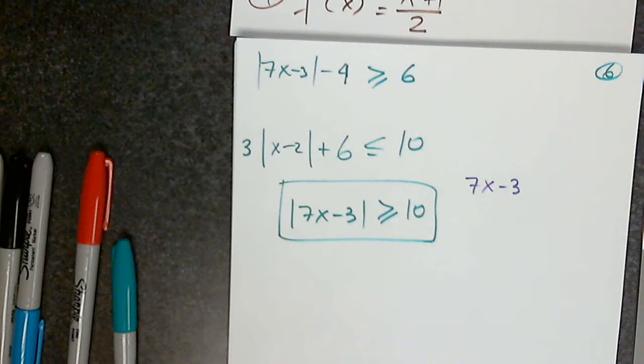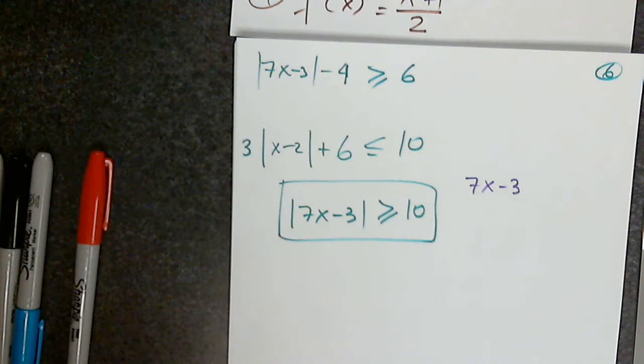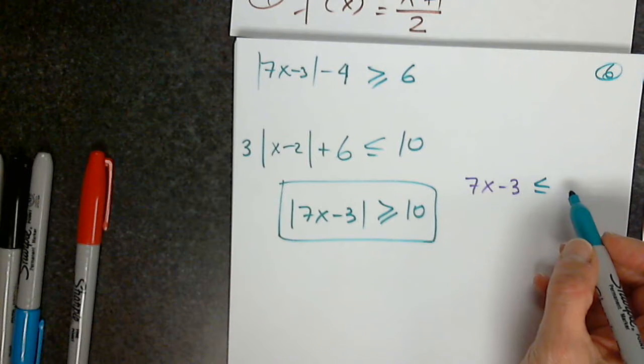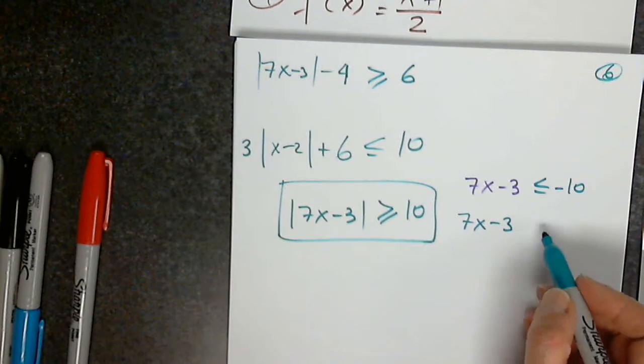How do I change that? Which one is this? Is it this or is it this? Exactly. So that I would like you to tell me that. Exactly what you just showed me. So 7x minus 3 is less than or equal to negative 10, or greater than or equal to 10.